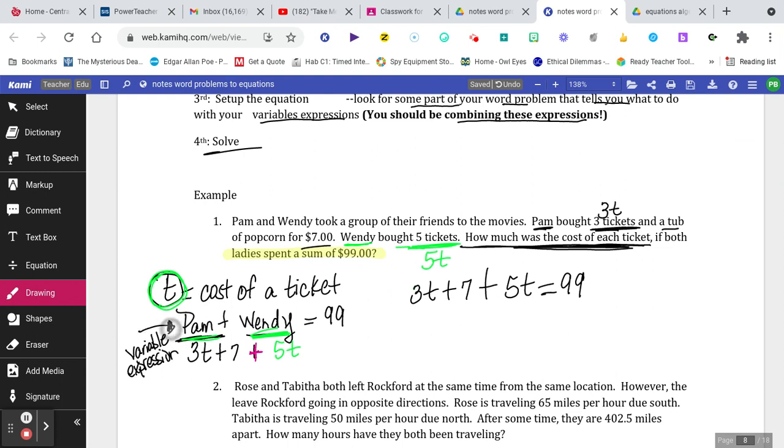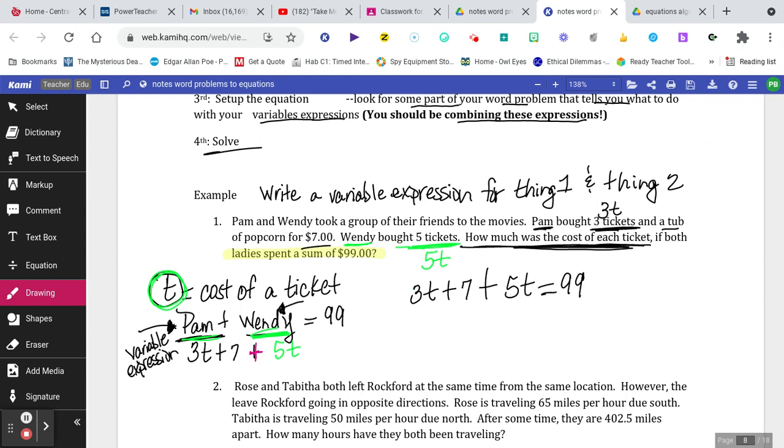Thing 1 is what Pam spent, and also thing 2, which is what Wendy spent. So you're writing a variable expression for thing 1 and thing 2. So you may want to write that. Whatever that thing is, thing 1 and thing 2.